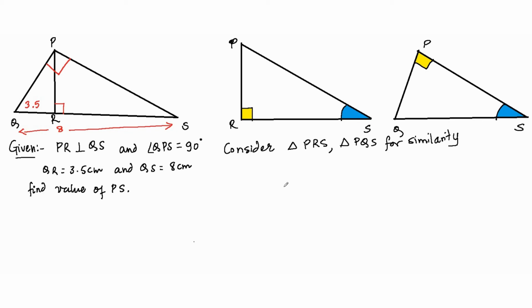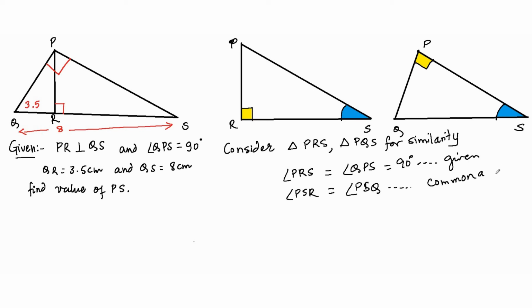So what we get is angle PRS is equal to angle QPS. This is equal to 90 degrees. This is given to me in the question. And angle PSR is equal to angle PSQ. That's because this is the common angle, right? And hence I can say that these two triangles are similar by the AA test.